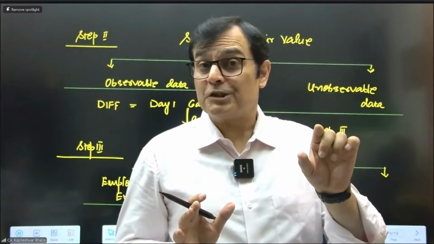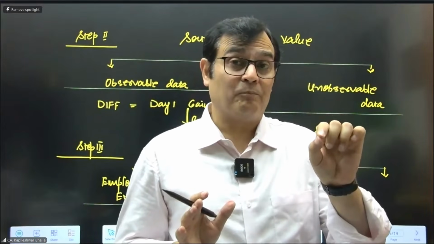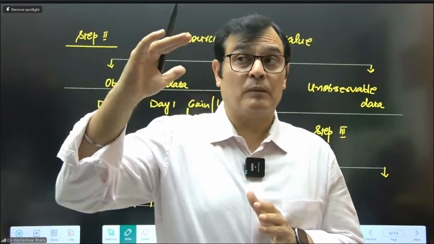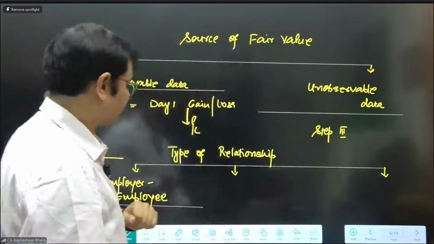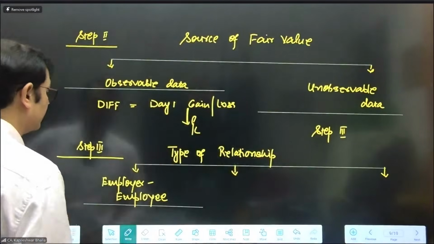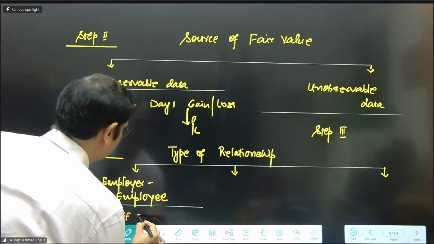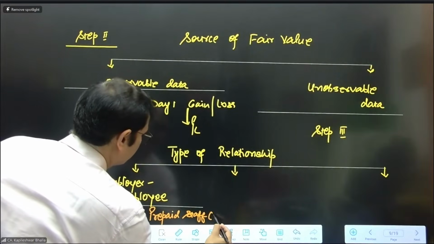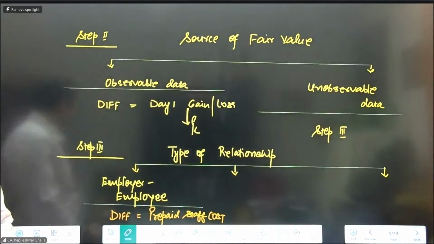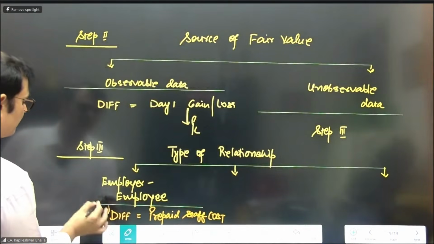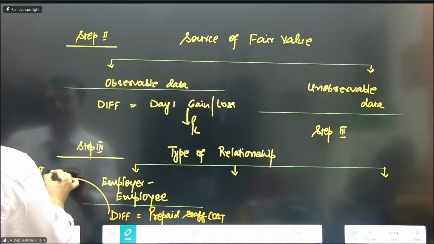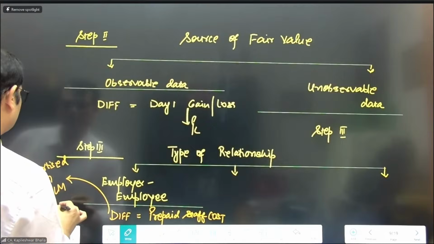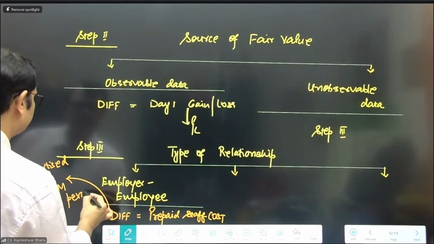So for a concession loan in an employer-employee relationship, the difference is going to be treated as a prepaid staff cost, which is amortized on a straight line method over the period of the loan.